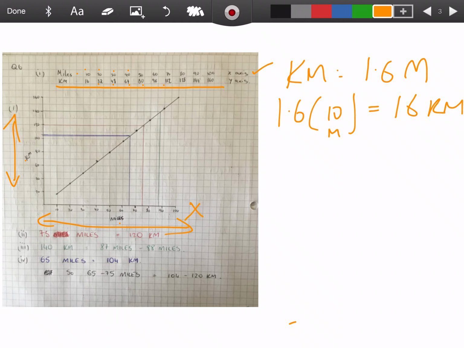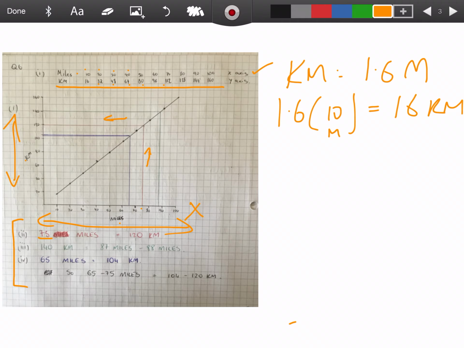The questions at the bottom were asked about converting one to another and so on. It's saying, using your graph, find out what 75 miles is in kilometers. So using your graph, what you've got to do is find 75 miles on the graph, which is there. Then I draw a straight line up to where it hits the graph, and then I draw a straight line horizontally to where it hits the axis again.